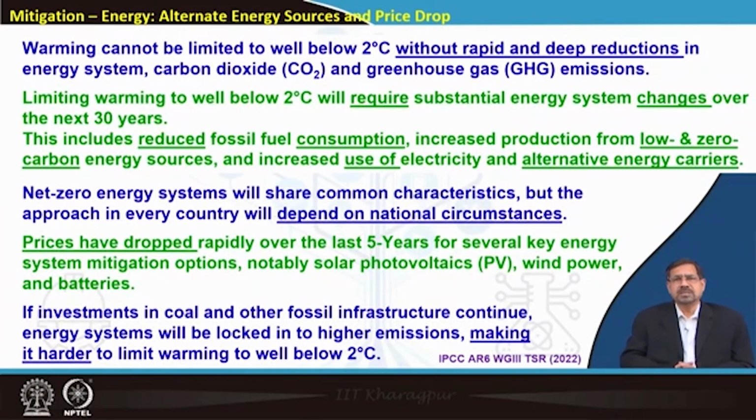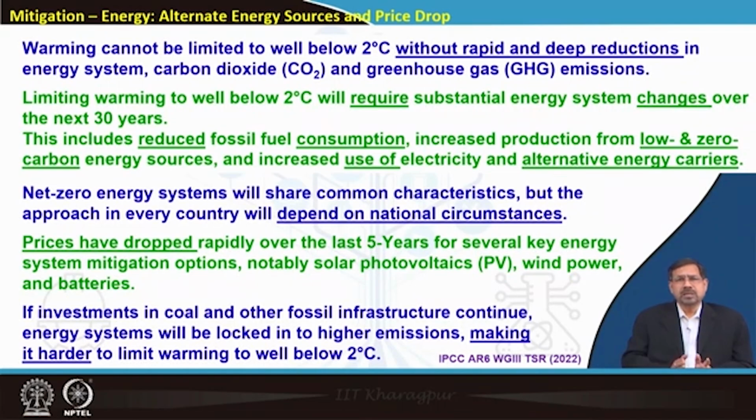To arrest the temperature rise up to 2 degrees centigrade, the world needs to act heavily on the alternate energy resources or in the energy system sector over the next 25 to 30 years. And this includes reduction, minimization or complete stop of fossil fuel consumption.